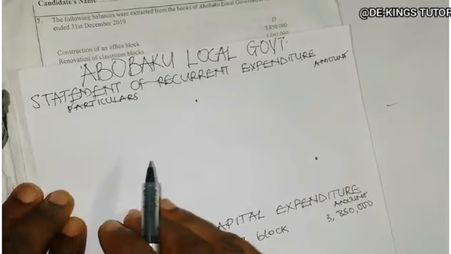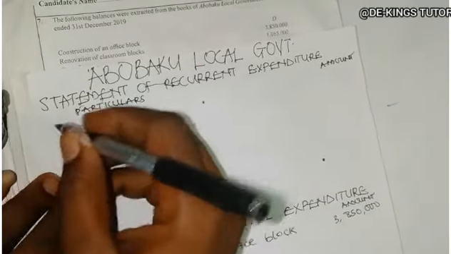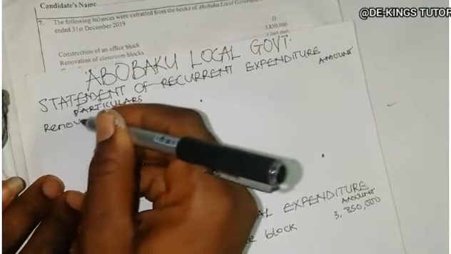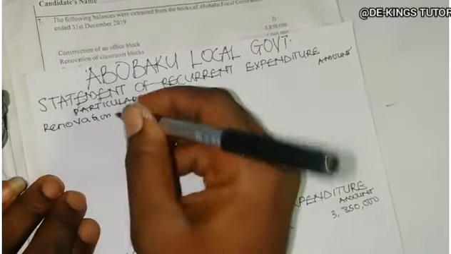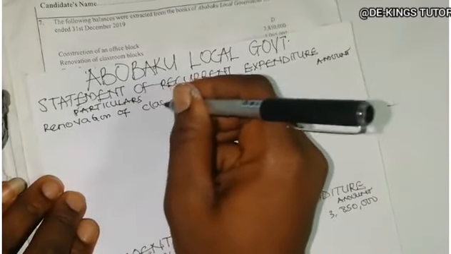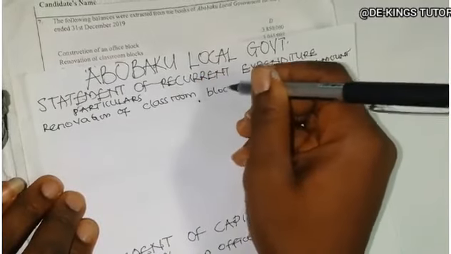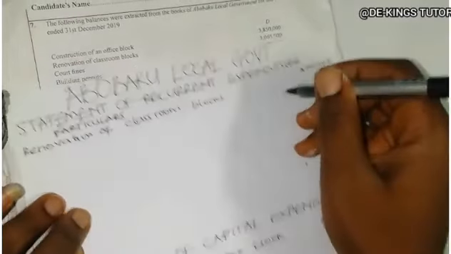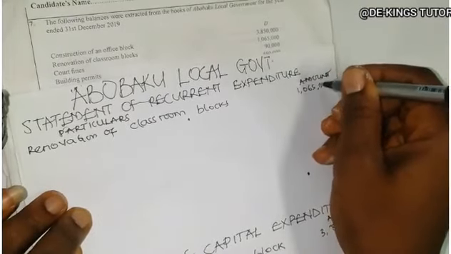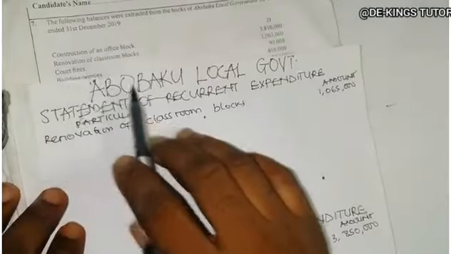Renovation is done frequently after building. So we have renovation of classroom blocks, 1,065,000.